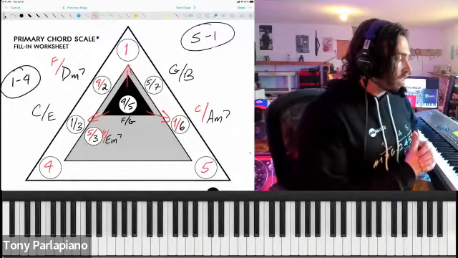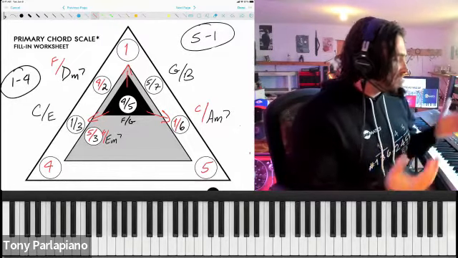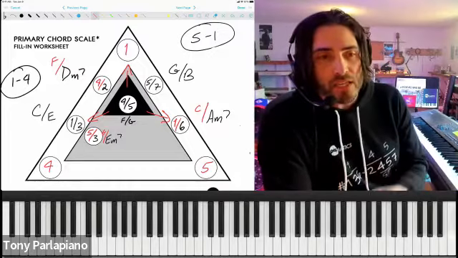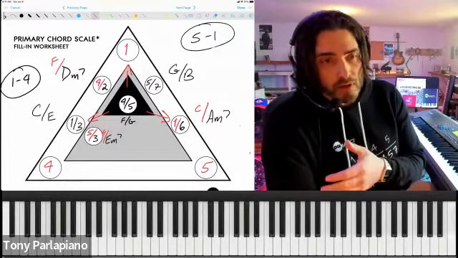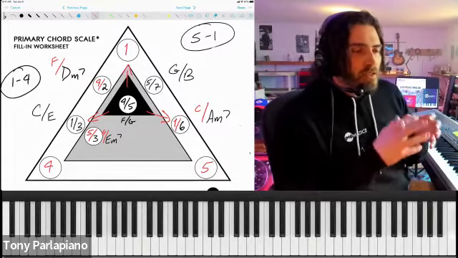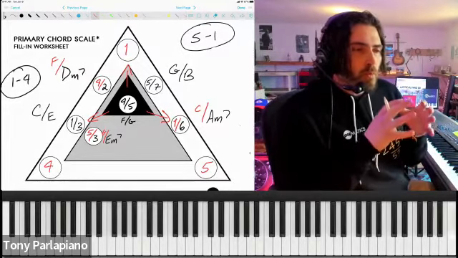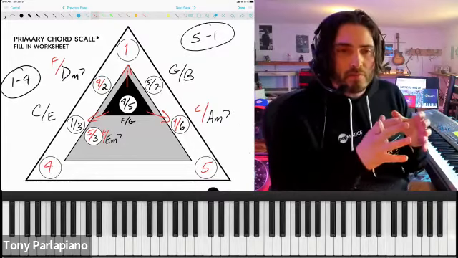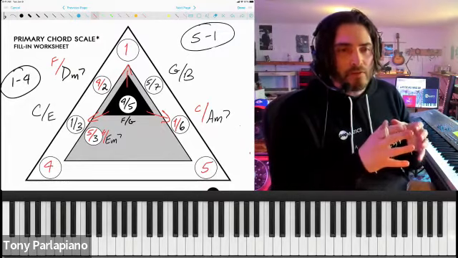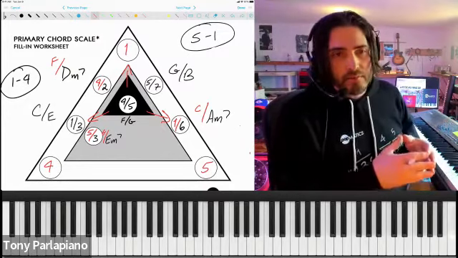And of course, we can take these to any key. And that's why I like to start by teaching in numbers before starting with the letters, because I see sometimes we know the chords, but we're not necessarily thinking about the relationship that they have to the key that they're in.